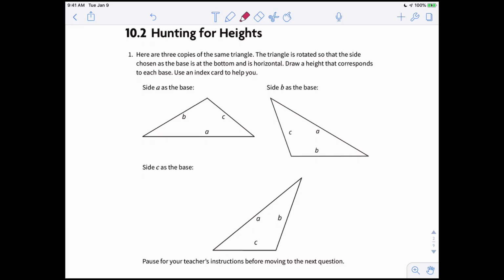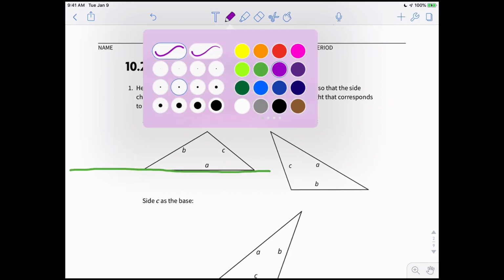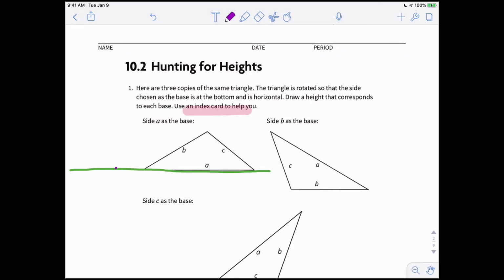Now for each of these, we're supposed to use an index card to help us. So check this out. We know that this is our base, so I'm just going to draw a nice line here. Let's do purple. This line is going to be our height finder.